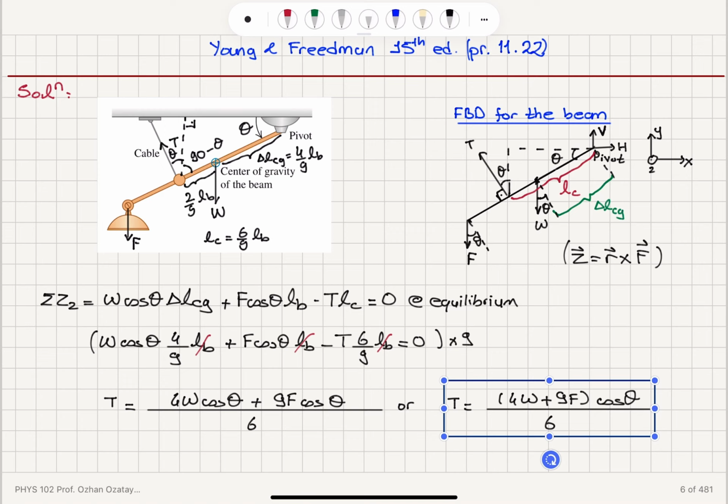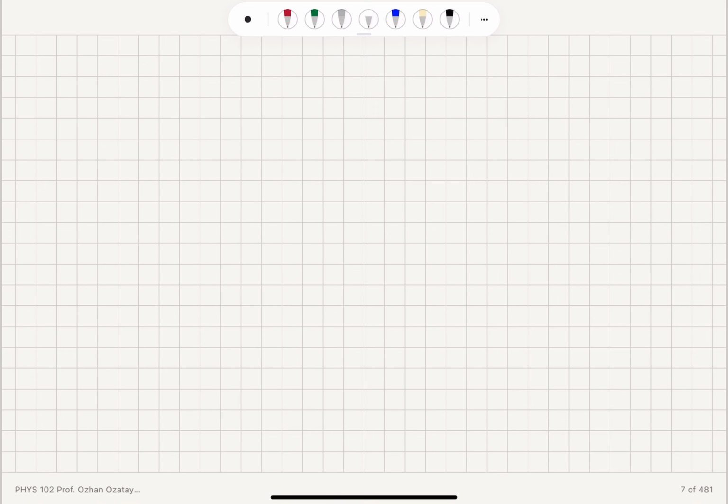Okay. Now we can plug in some numbers. W, the weight, is equal to 1.40 kilonewtons. The force F is equal to 5.00 kilonewtons. Theta is equal to 25.0 degrees. So this gives us for tension 4W.